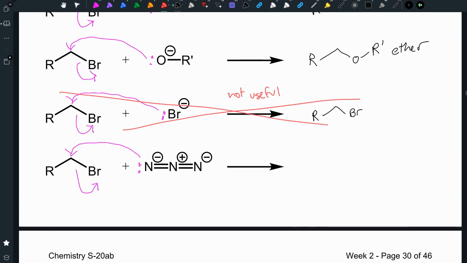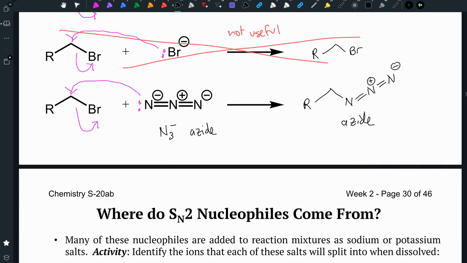And then lastly, all right, we have this weird ion. We call this an azide ion. And we can replace a halide with the azide ion. So this would be called an alkyl azide or an alkyl azide, depending on who you talk to. This is usually not a final product.